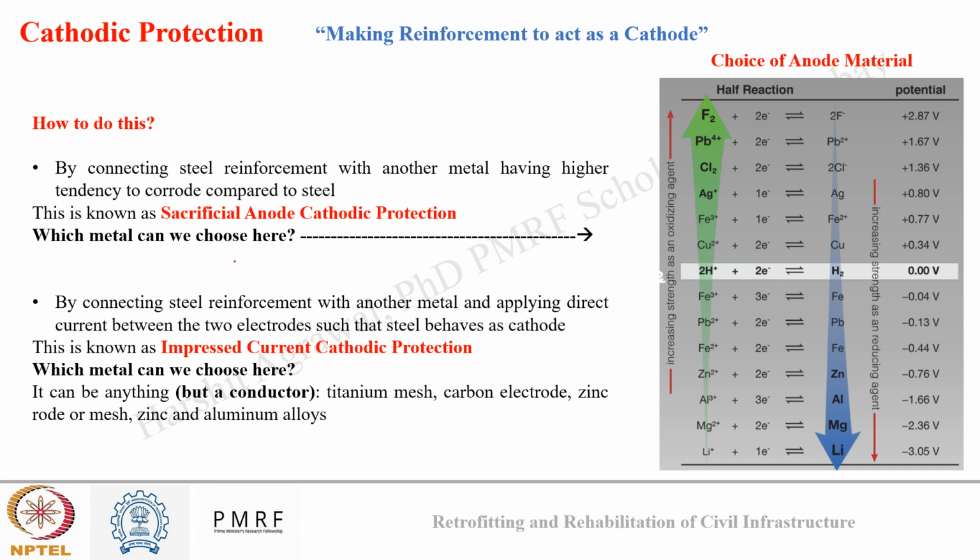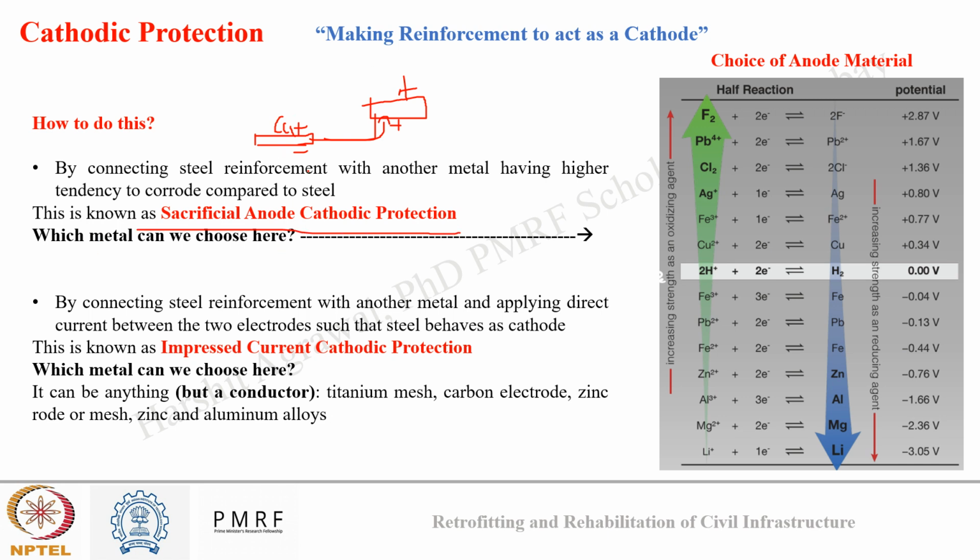Suppose this is my reinforcement, and I am connecting it with another metal which has higher tendency to corrode. So what will happen in between them? This will form a positive terminal, this will form a negative terminal. Here cathodic reaction will occur, here anodic reaction will occur, and this will corrode because electron flow will occur from here to here. Okay, and this is known as sacrificial anode cathodic protection.